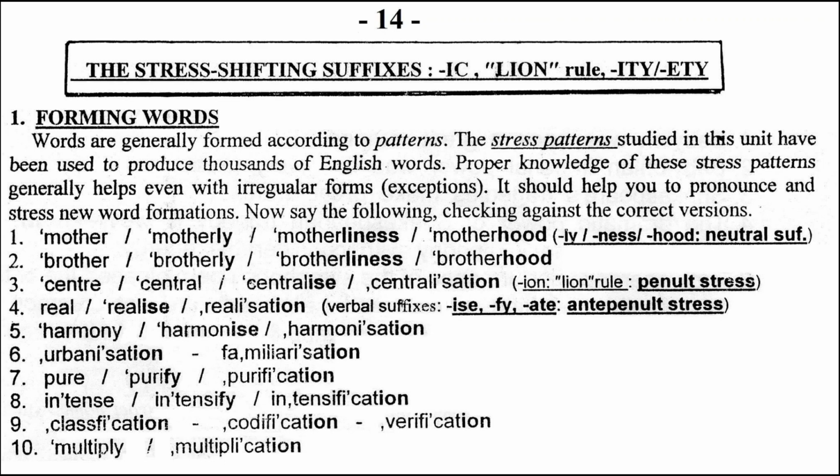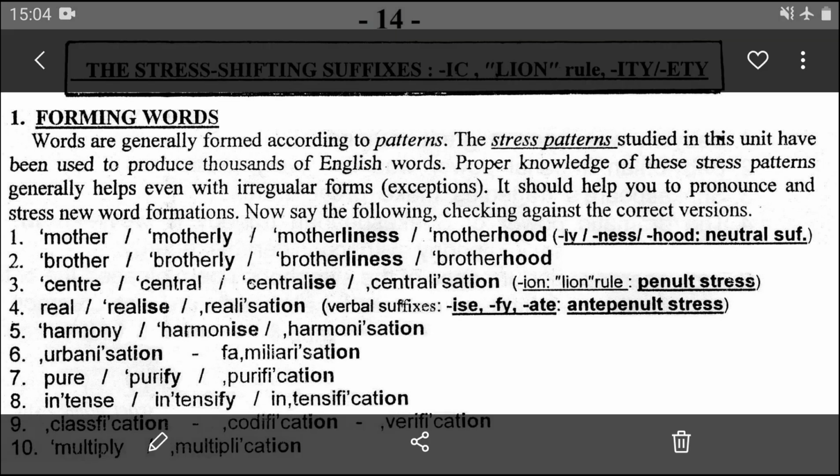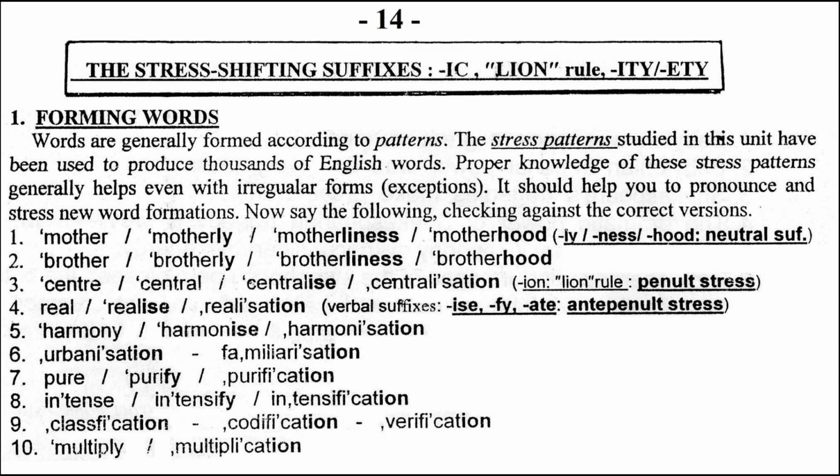Before we carry on, I want to talk about, I've already talked about it, the verbal suffixes rule. This rule concerns 3 suffixes. They are verbal eyes, verbal phi, and verbal ate.